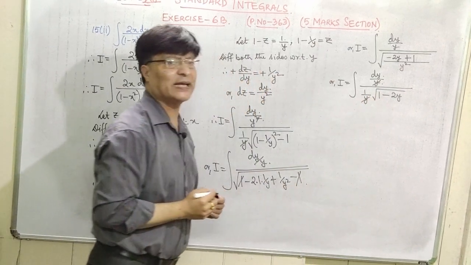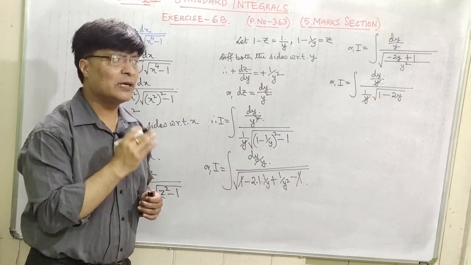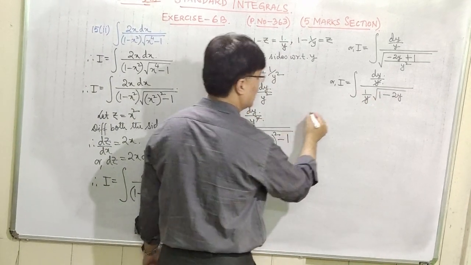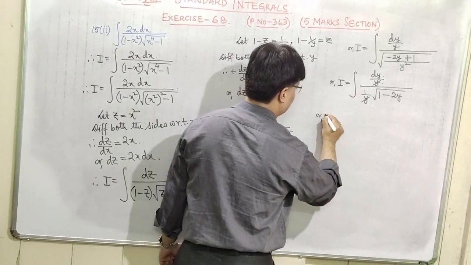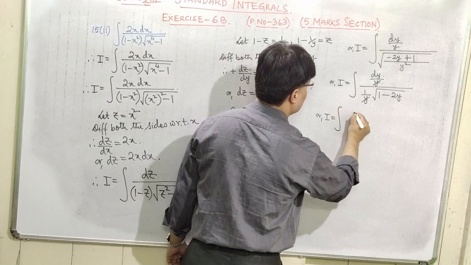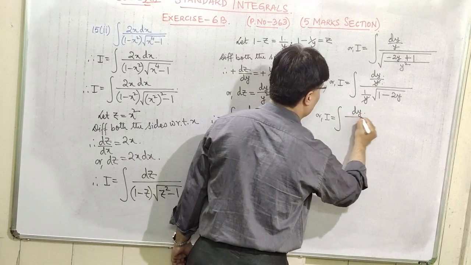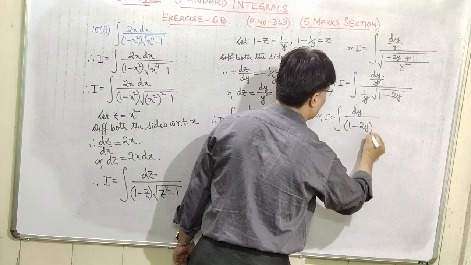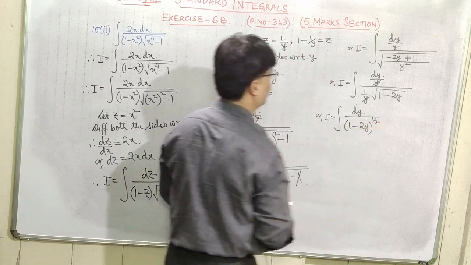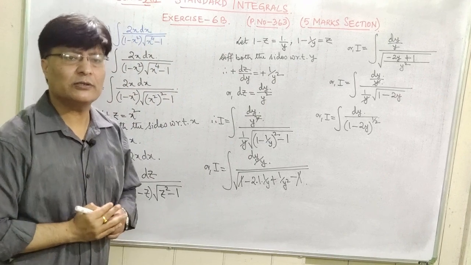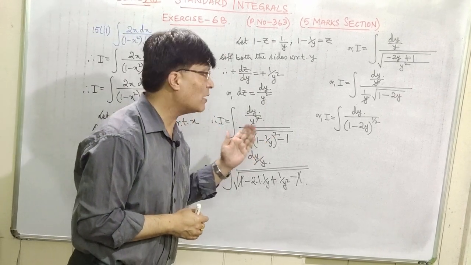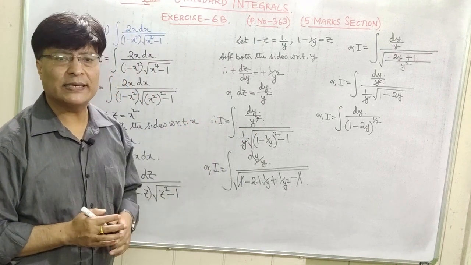But this is not the standard form, because in this case the power of y is 1. So we can directly integrate it. Integration of dy divided by 1 minus 2y whole to the power half. Okay. So now this is not your standard integral, because within the bracket to the power half, the power of y here is 1.